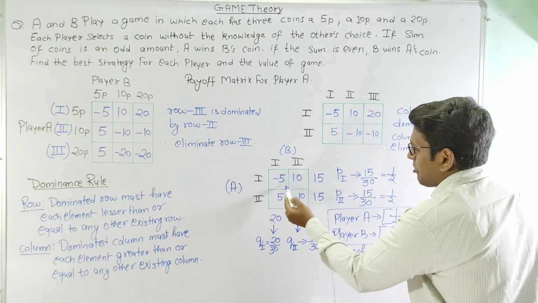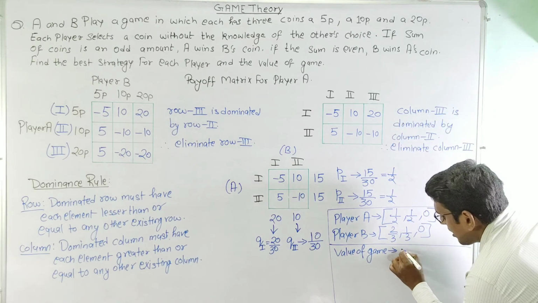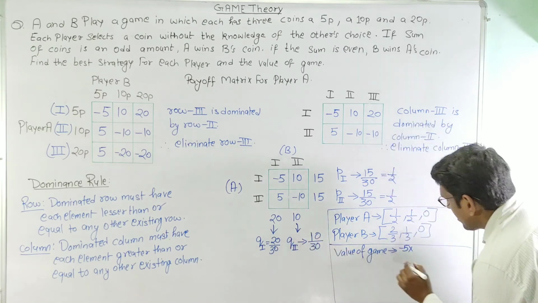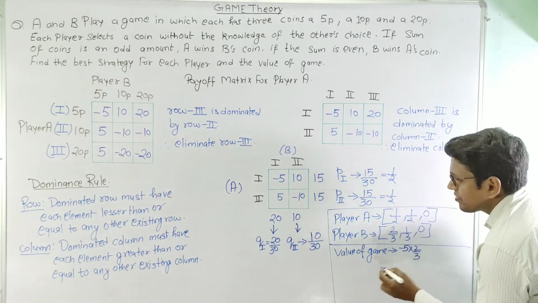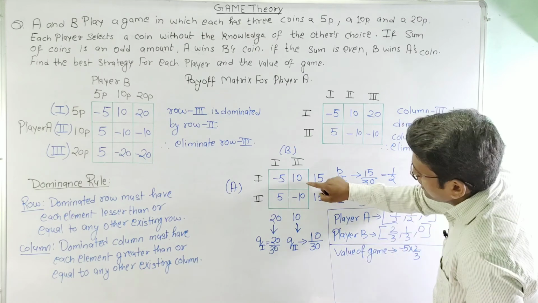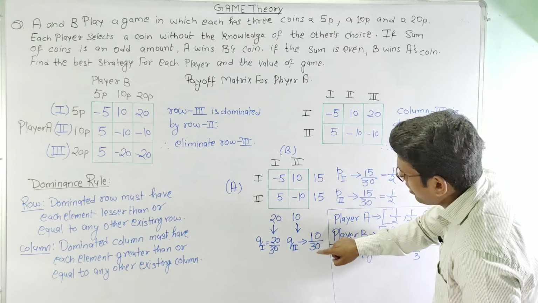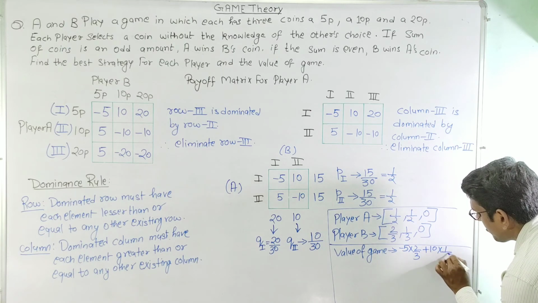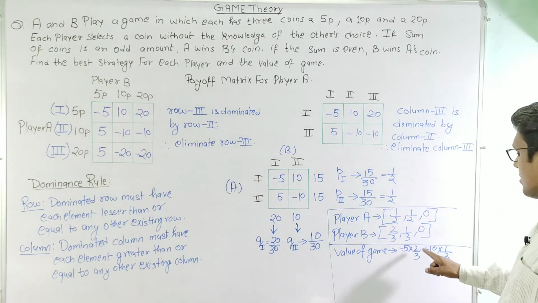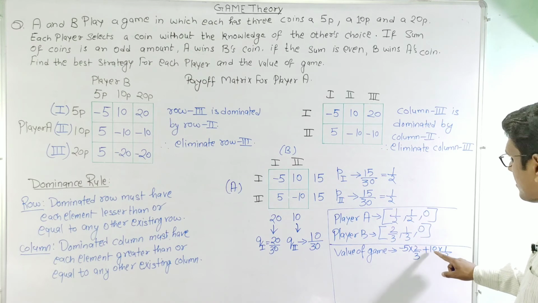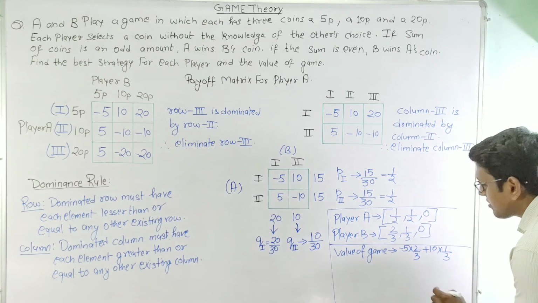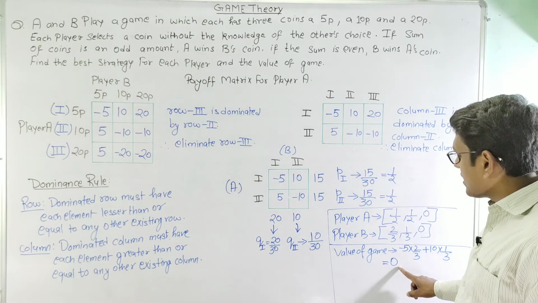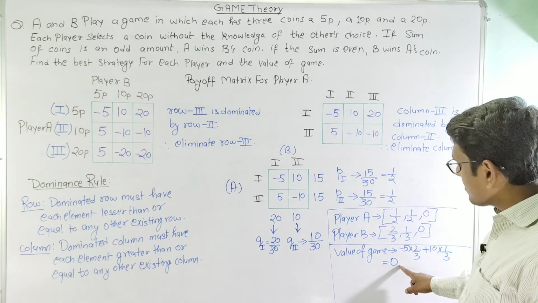So this is -5 multiplied by 20 by 30, or we can say 2 by 3, plus 10 multiplied by 1 by 3. So this is minus 10 by 3, this is plus 10 by 3, which is equivalent to 0. So here we can see that the value of game is coming as 0.